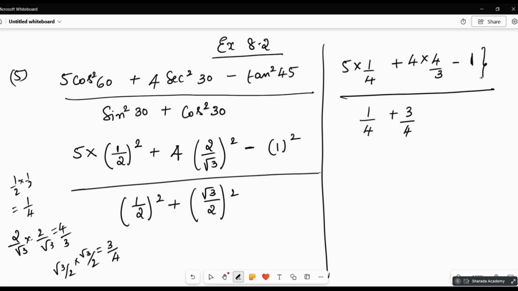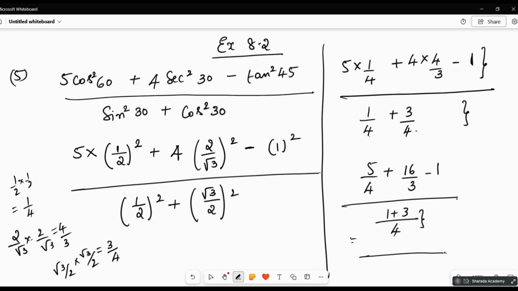So separately simplify the numerator, then the denominator. 5 into 1 by 4 is 5 by 4, plus 4 4s are 16, 16 by 3, minus 1. In the denominator, 1 by 4 and 3 by 4 have the same denominator, just add the numbers. Now take the LCM of 4, 3 and 1. LCM will be 12.